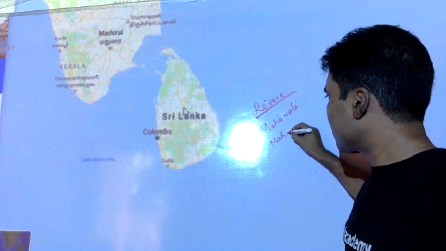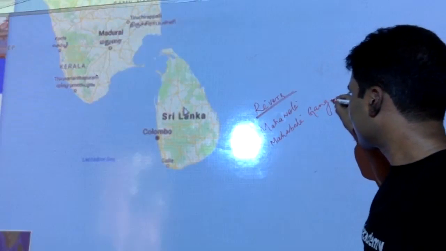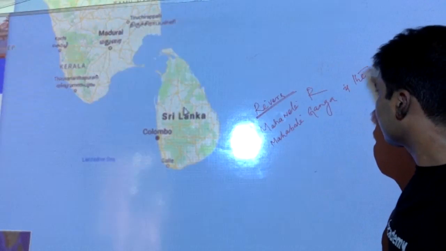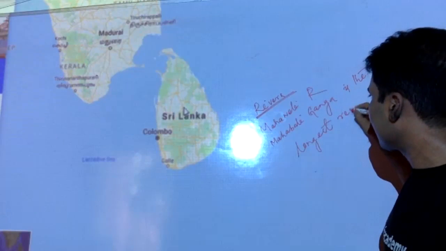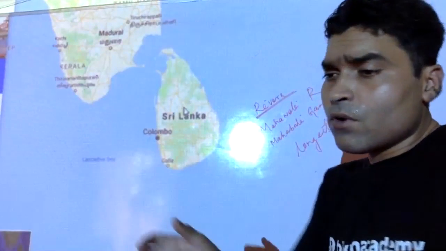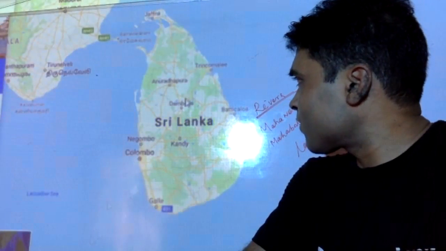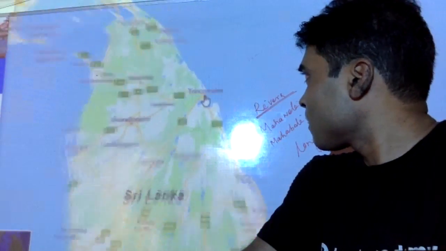So Mahaweli Ganga or Mahaweli River is the longest river in Sri Lanka. I hope you got this point. Actually, it originates from this point and falls into Trincomalee.